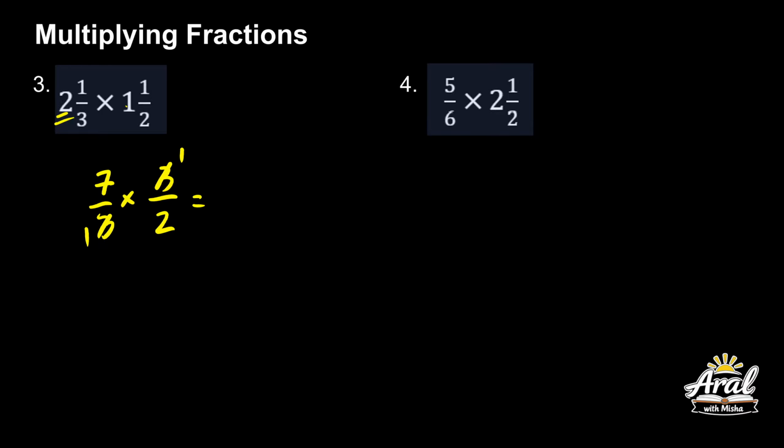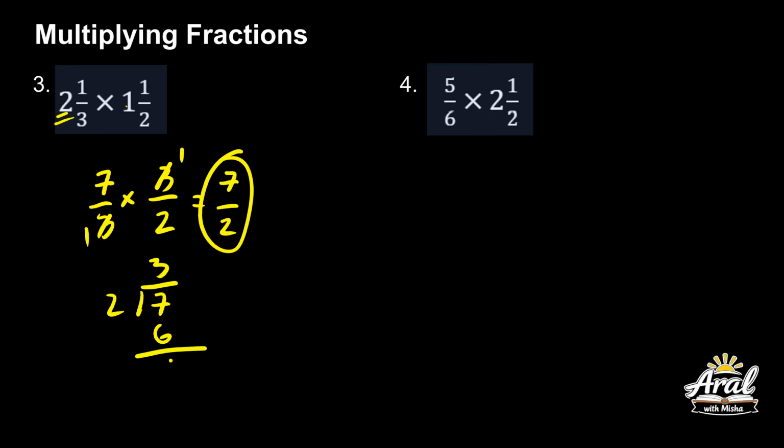Okay, so 7 halves. Is that the simplest form? Yes, but it is improper. So mag-divide tayo, 7 divided by 2. 2 times 3 is 6, remainder 1. So 3 and 1/2. This is the mixed number. Ito yung sagot. Okay, 3.5.